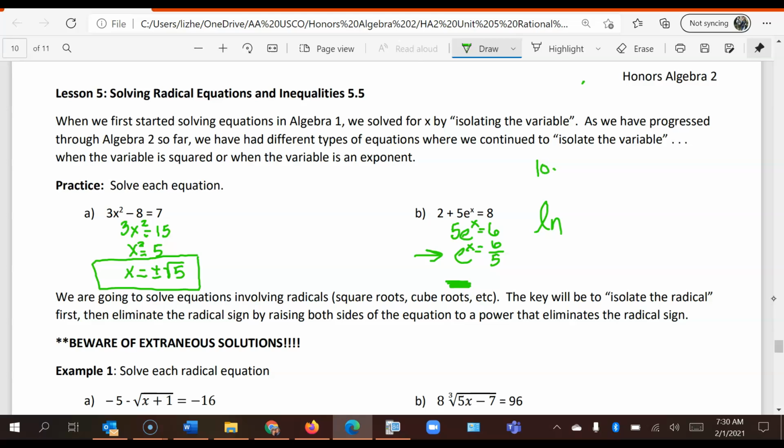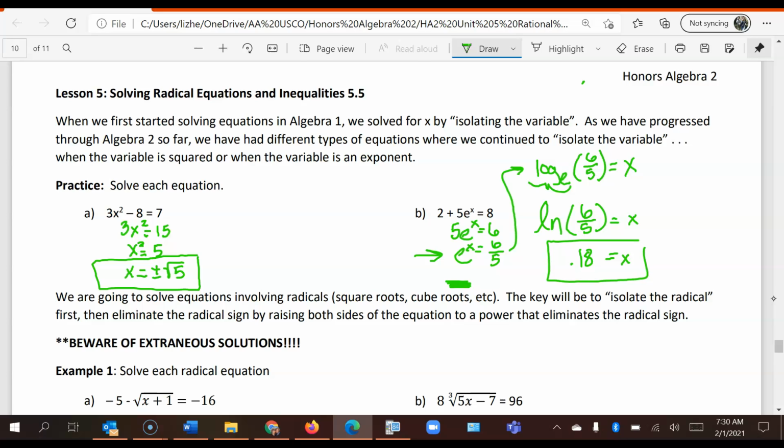Basically, this would be log base e of 6 over 5 equals x. But log base e is the ln of 6 over 5 equals x. And now you take out your calculator and you get 0.18 equals x. So there we solve for x.